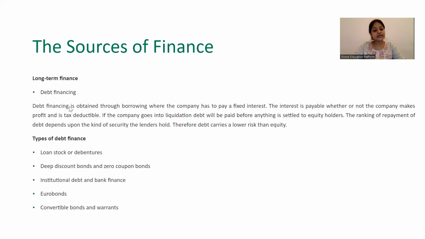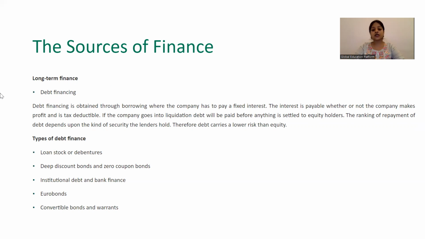So this is about debt financing. Debt financing is obtained through borrowing where the company has to pay a fixed interest. The interest is payable whether or not the company makes a profit, and is tax deductible.